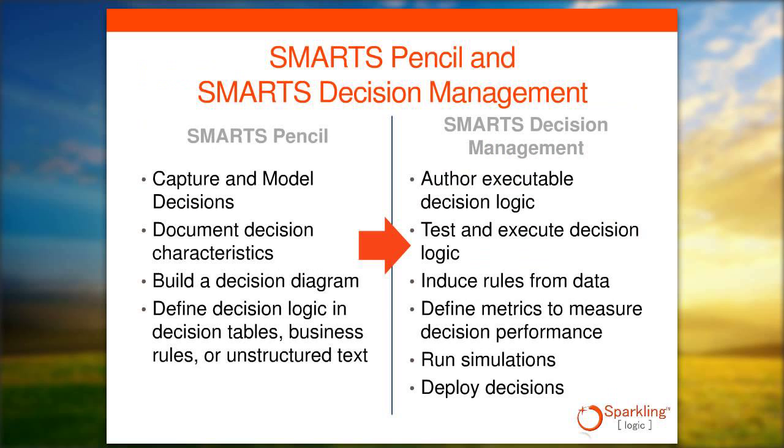Okay, so what you saw is how you go about capturing and modeling your decisions in Pencil, how you can build your decision diagram and define your decision logic in decision tables, business rules, or in unstructured text, and then how you can go into Smarts' decision management environment and introduce data so that you can test and execute that decision logic, and define metrics or dashboard reports so that you can monitor your decision outcome or performance, how you can run simulations comparing one decision strategy to another, or even loading different data samples and comparing your decision logic on one data sample versus another.